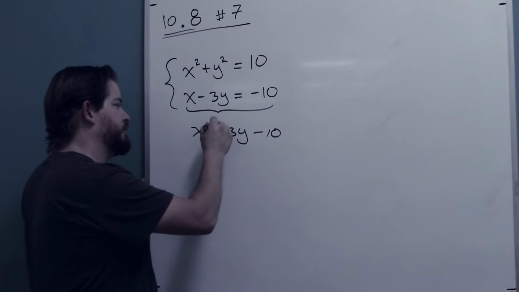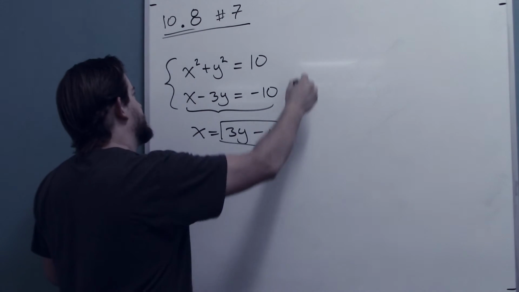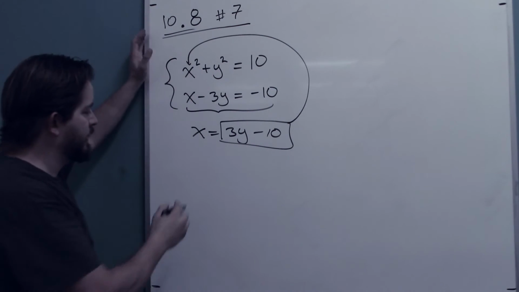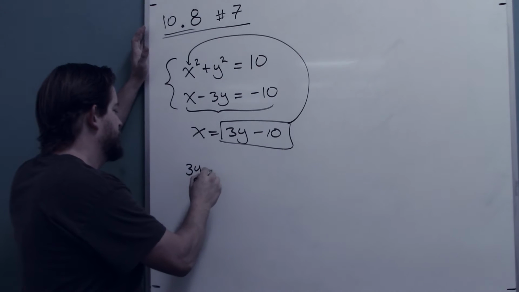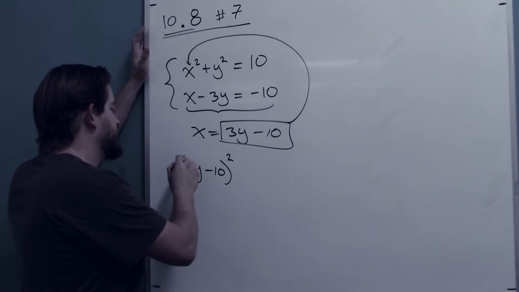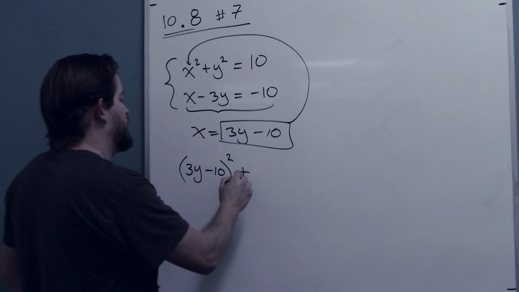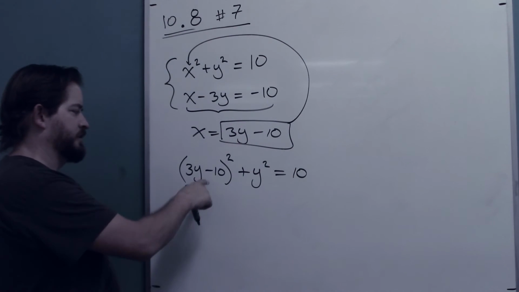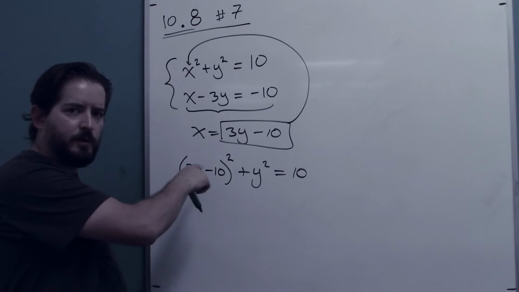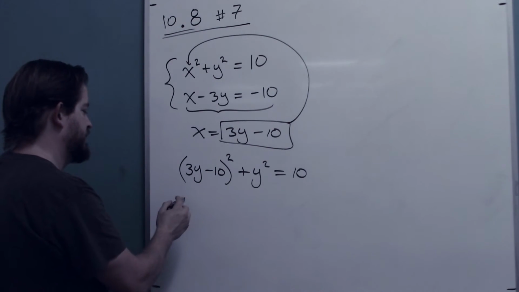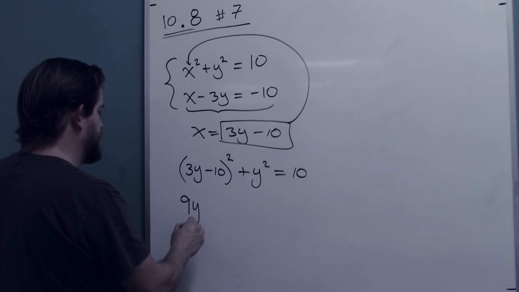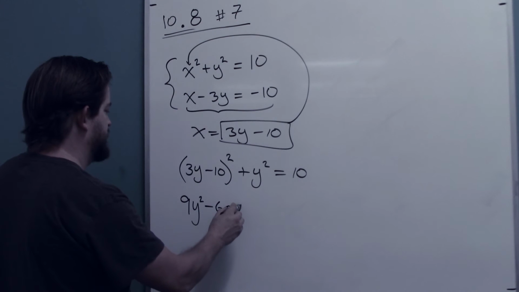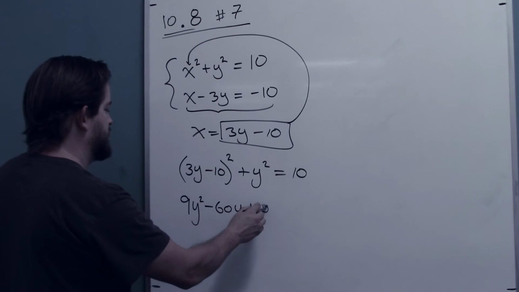And since x is equivalent to 3y minus 10, I can take this, plug it into my x upstairs, so I have (3y minus 10) squared in place of my x squared, plus y squared is equal to 10. I'm going to square this, 3y minus 10 times 3y minus 10. You'll find that you'll get a 9y squared minus 60y, and then plus 100.